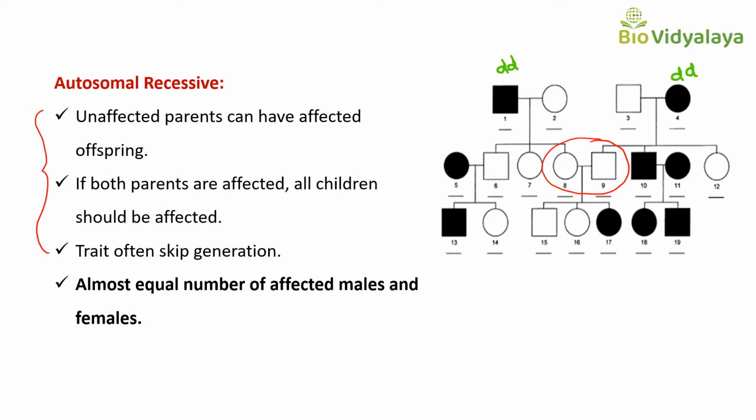You can see here, affected individual is present, but here parents are unaffected. Isn't it? If both parents are affected, all children should be affected.